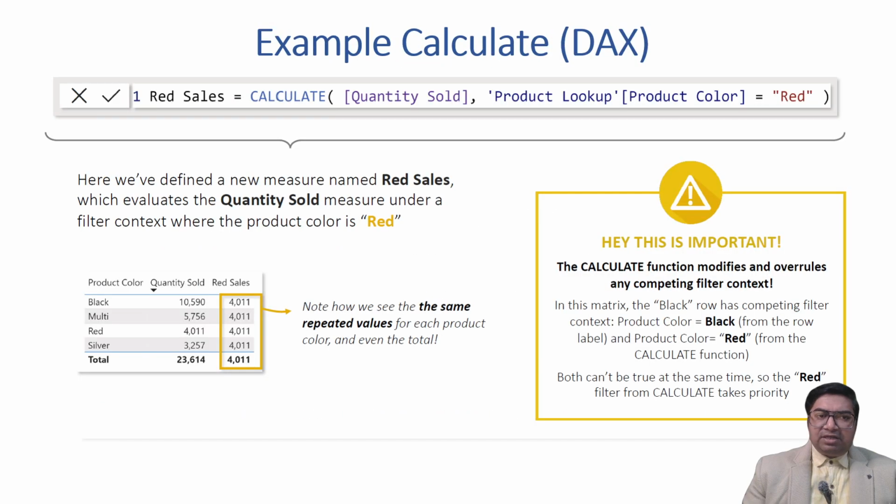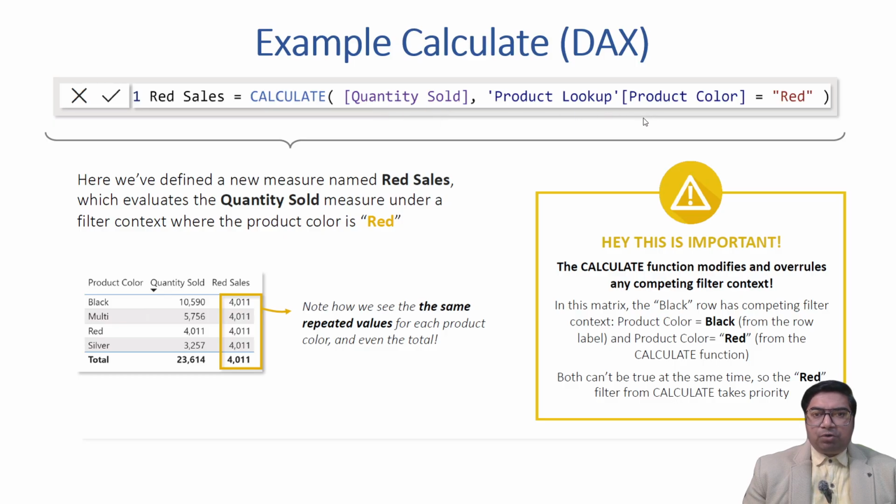Let's take an example. In this example, I'm calculating the DAX related thing, sales, where the color is red. So simply CALCULATE the total sold, then comma and filter.